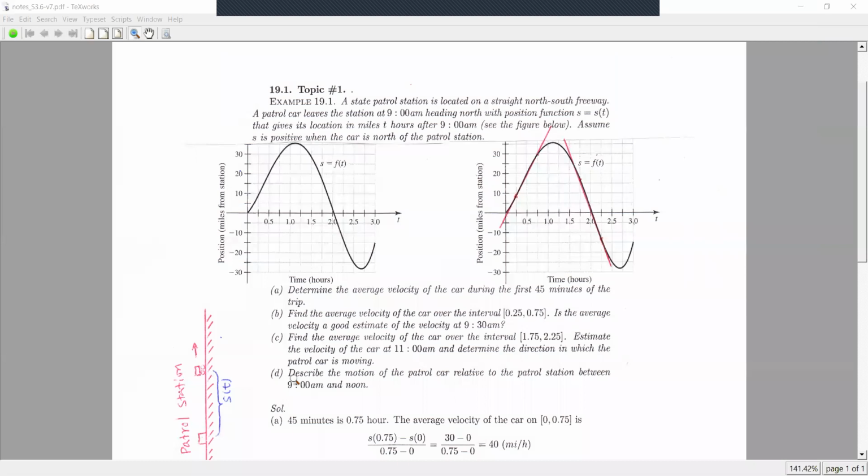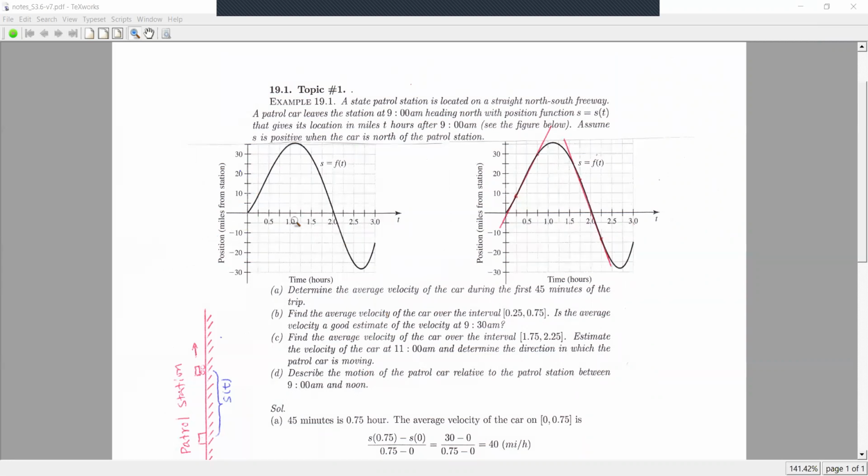Part D, describe the motion of the car relative to the patrol station between 9 a.m. and noon. Noon in the diagram corresponds to time is 3. To answer the question, we need to recall that instantaneous velocity is the slope of a tangent line.